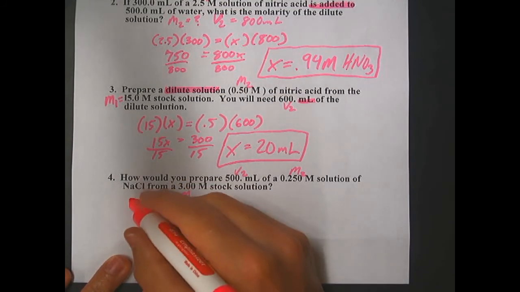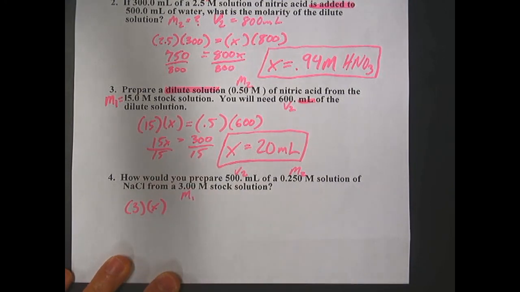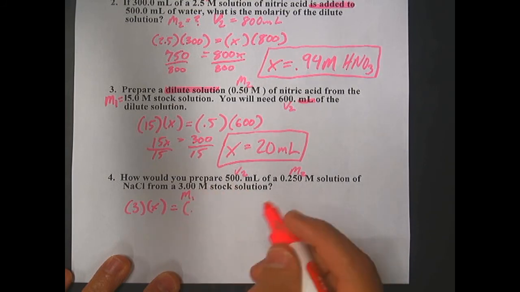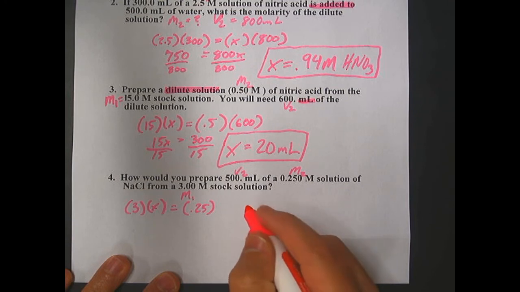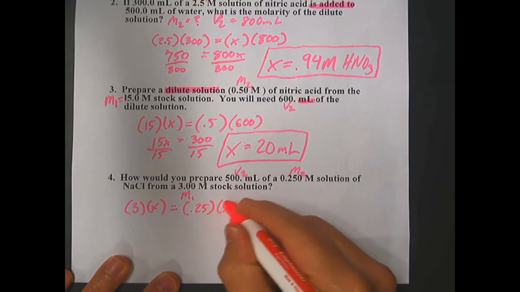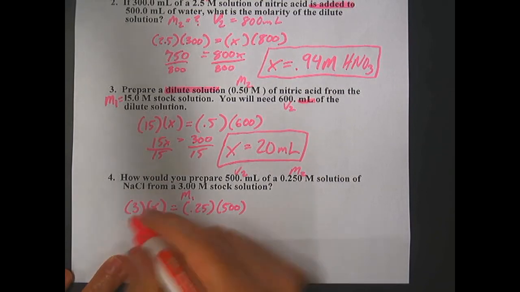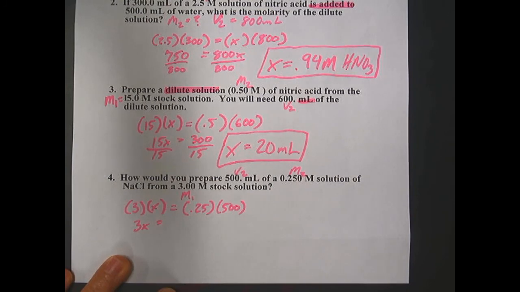So M1 is 3 molar. V1 is what we're solving for. We're trying to figure out how much of that 3 molar solution we need. Our dilute concentration is 0.25, and we want 500 milliliters of it. So of course this is 3x here. 0.25 of 500, what's that? 125?